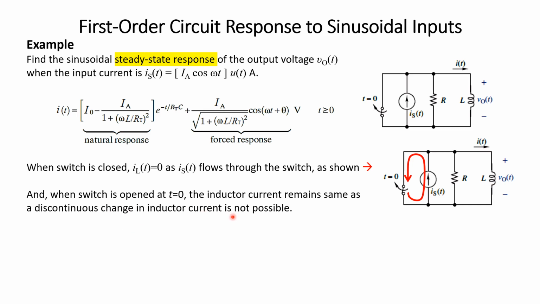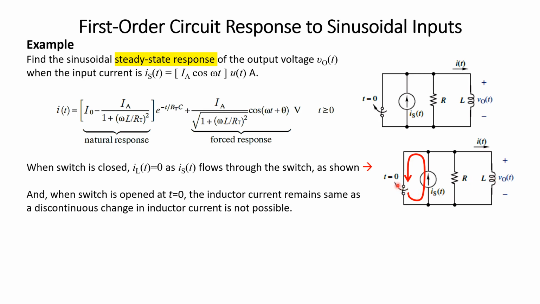We have said it before in the previous lecture that a discontinuous change in the inductor current is not possible, and in a capacitor, a discontinuous change in voltage is not possible. So, the current before and after the opening of the switch will remain the same.